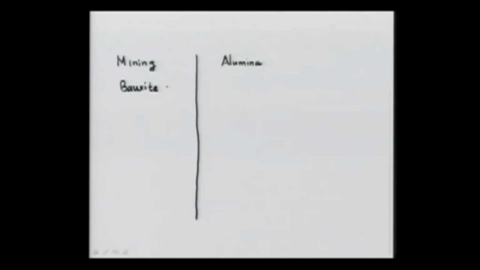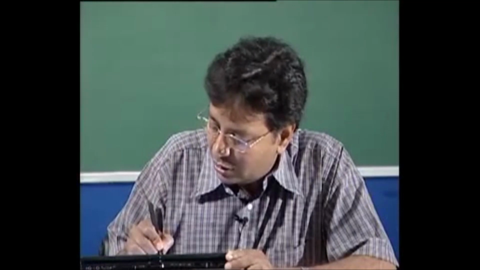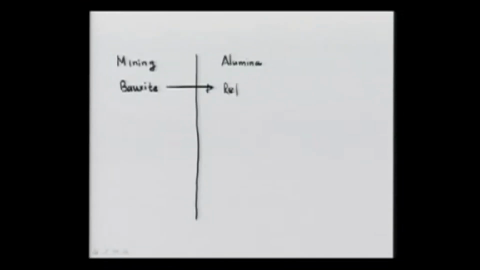This bauxite comes to the alumina plant, and we refine it in such a way that we can concentrate more and more Al2O3. So refine the bauxite to form more and more Al2O3 that we refer to as alumina.